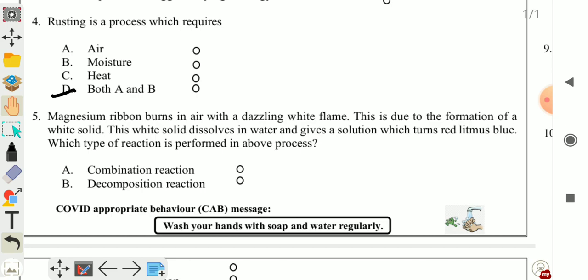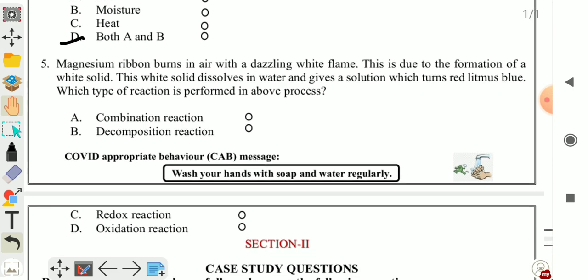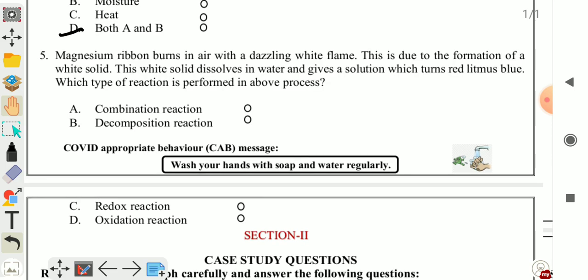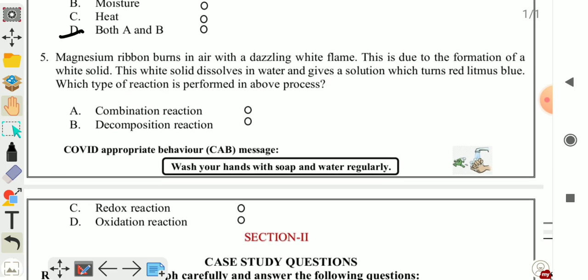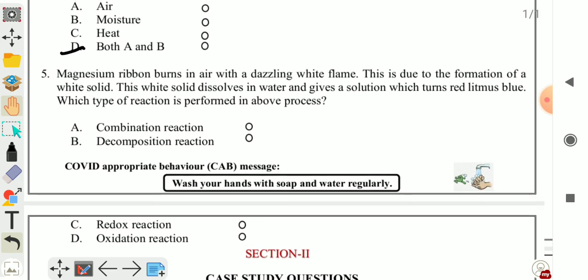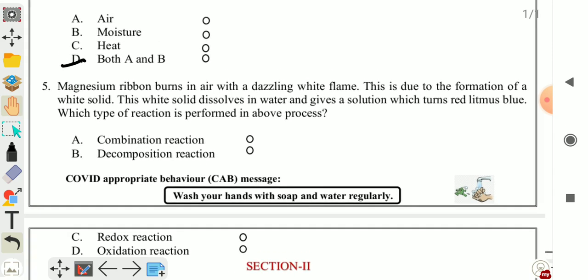A, combination reaction, B, decomposition reaction, C, redox reaction and D, oxidation reaction. This is a combination reaction. When oxygen combines with magnesium, it is converted into magnesium oxide. So the right answer is A, combination reaction.